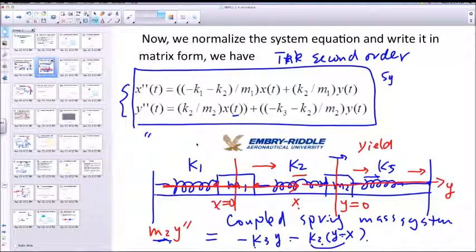Then it's a system of equations. Is that linear? Of course, linear. There's nothing with a second degree. So it turned out this system is a second order linear system. But we cannot solve second order.